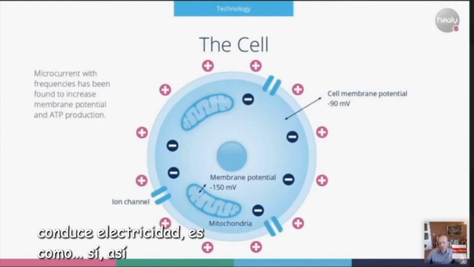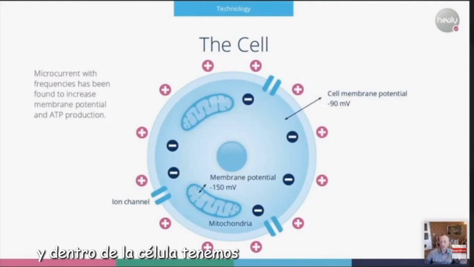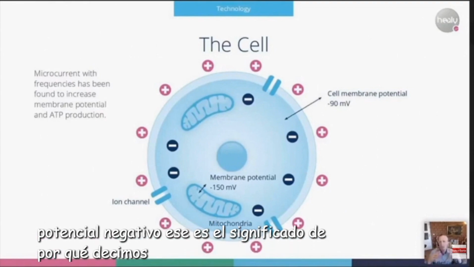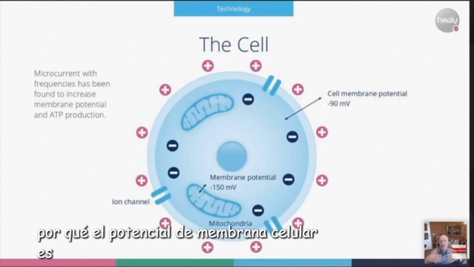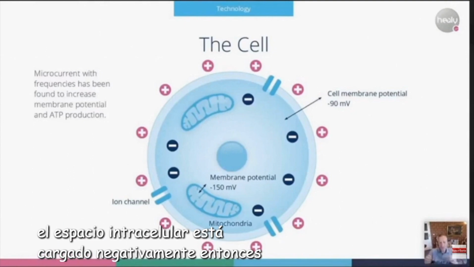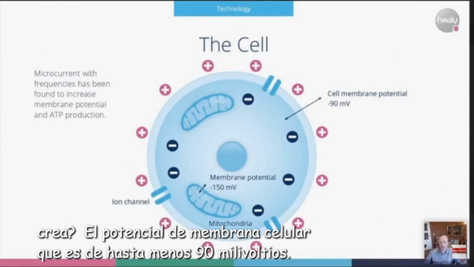So outside the cell, we have a positive potential, and inside the cell, we have a negative potential. That's why we are saying minus 90 millivolt, why the cell membrane potential is negative, because inside the cell, the intracellular space, it's charged negatively. So this creates the cell membrane potential, which is up to minus 90 millivolt.